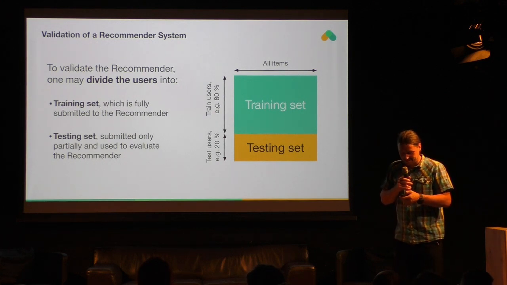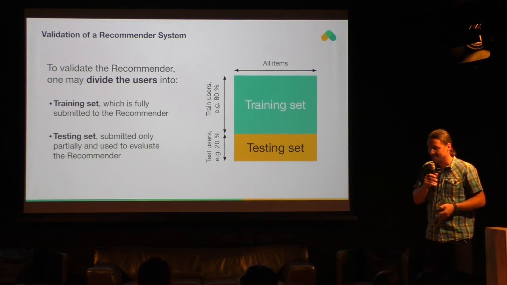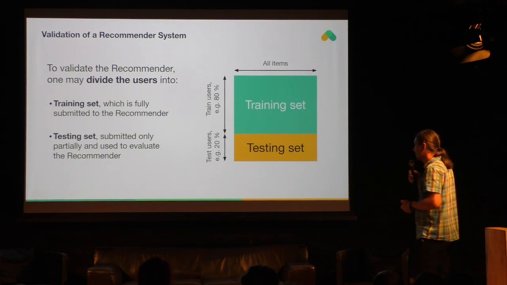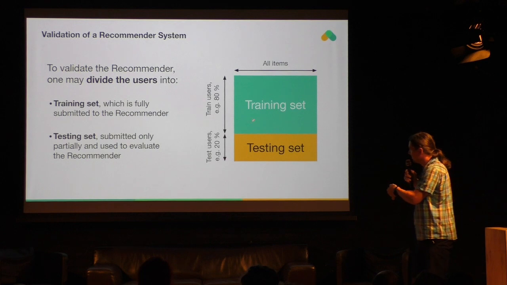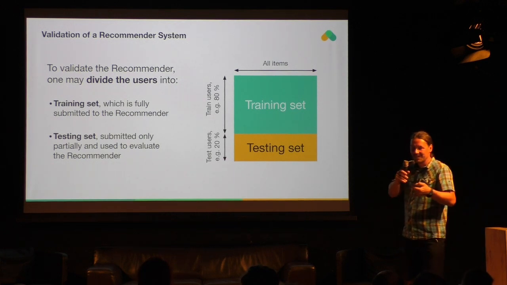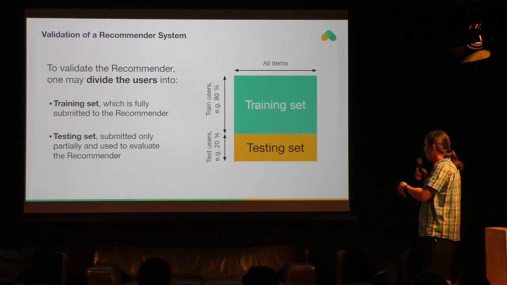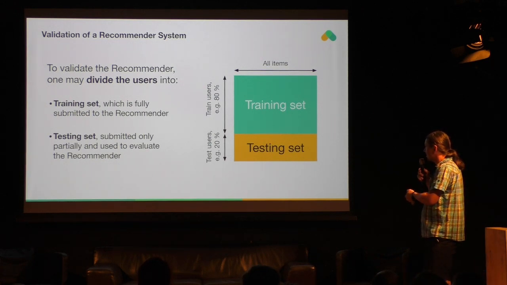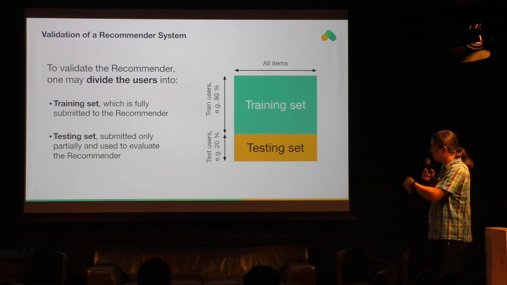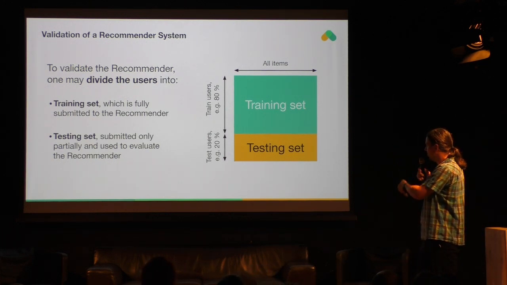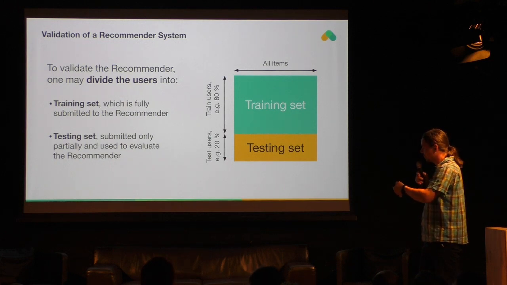Another important matter is how to evaluate algorithms. It's not easy. Typically, we use the same methodology as in other machine learning approaches. We have a training set and a testing set, so we divide historical data into two sets, or we can use multiple cross-validation.